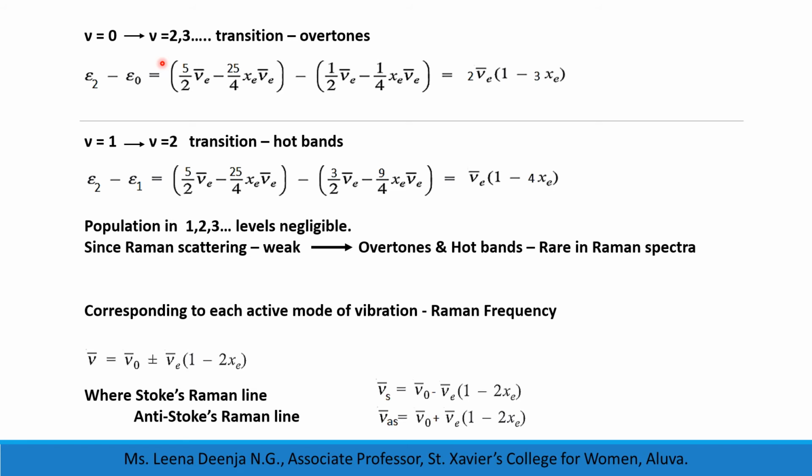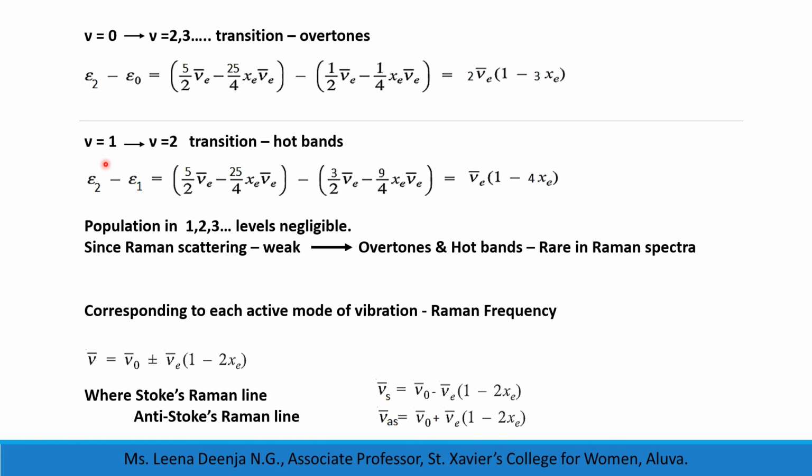The energy change during the first overtone transition is epsilon 2 minus epsilon 0, equal to 5 by 2 nu bar E minus 25 by 4 Xe into nu bar E, minus 1 by 2 nu bar E, minus 1 by 4 Xe into nu bar E. That is equal to 2 into nu bar E into (1 minus 3Xe).